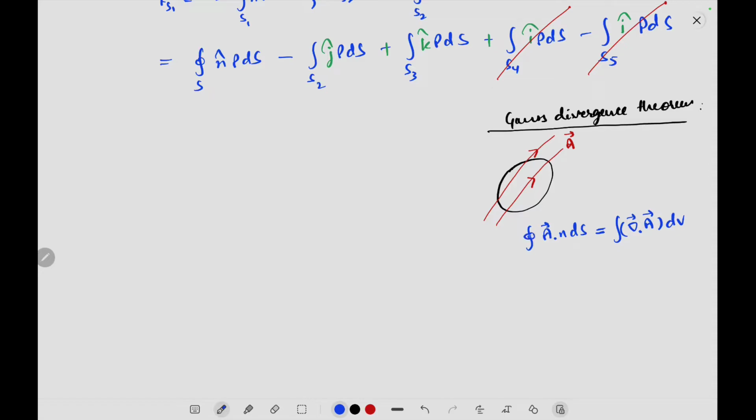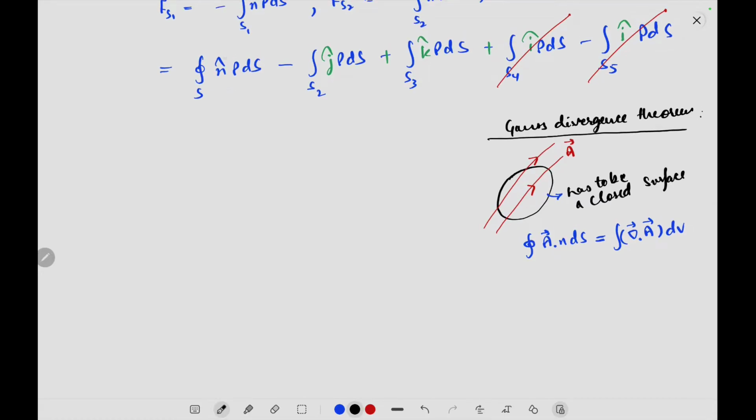So this holds true only for closed surfaces. So this surface has to be a closed surface, otherwise you cannot use Gauss divergence theorem. Okay, all right, but in our integral we actually don't have the vector field. But we can use the corollary of this statement to simplify this expression. So what is the corollary of this statement?